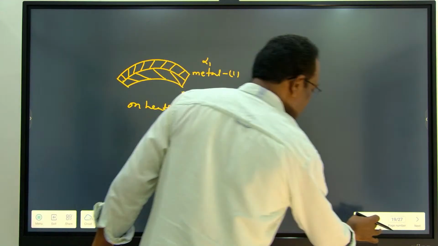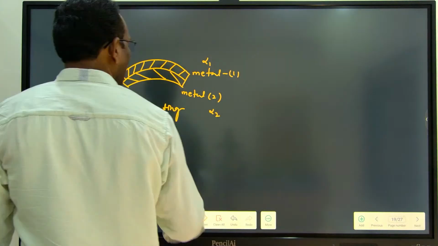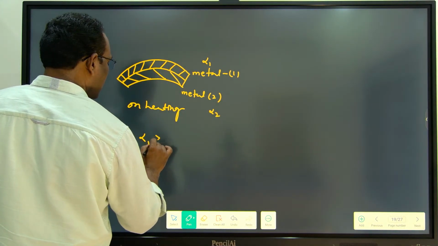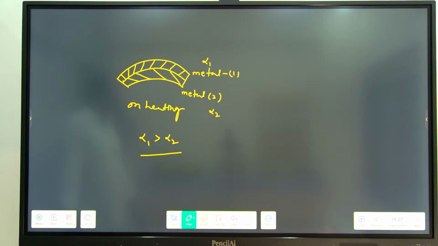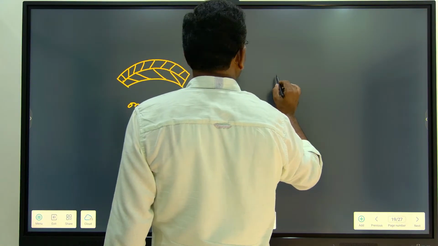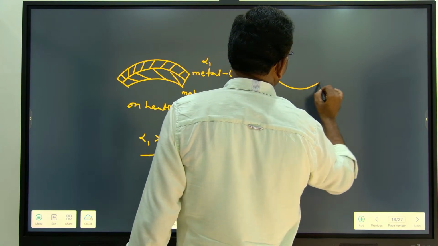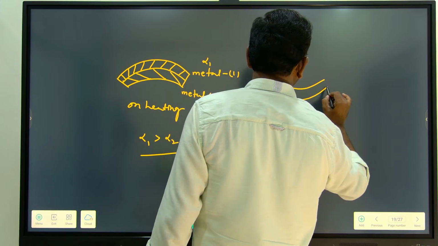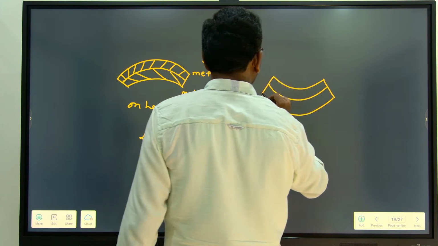Alpha 1 is greater than alpha 2. Remember the case. Bimetallic strip, check once again. They are bending like this.